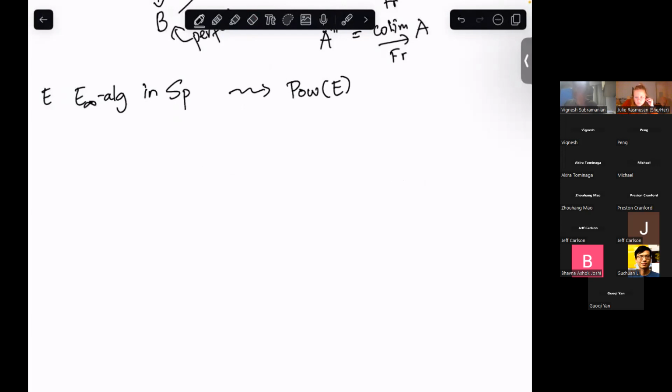This was first defined by Lurie in one of the lectures that he gave on Sullivan conjectures, and it is also in a paper by Glasman and Lawson. So it's defined as follows.